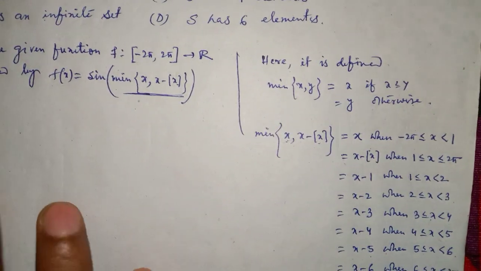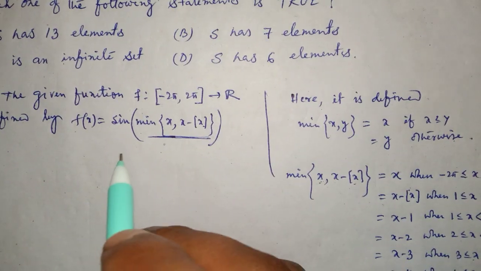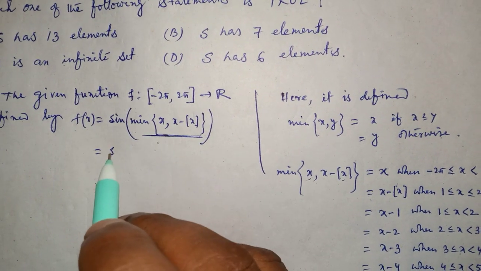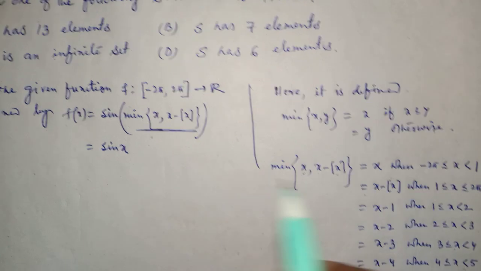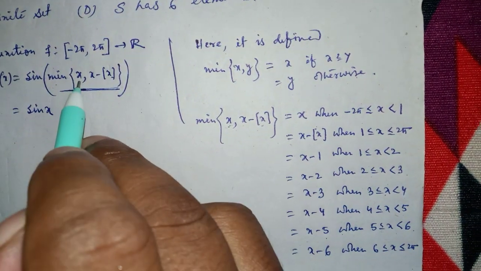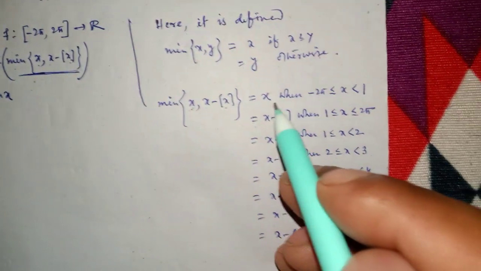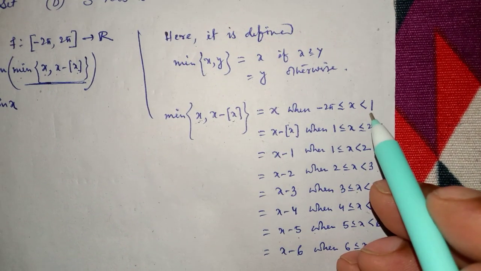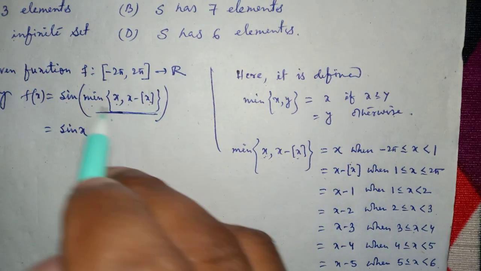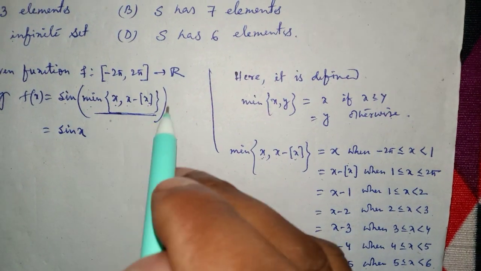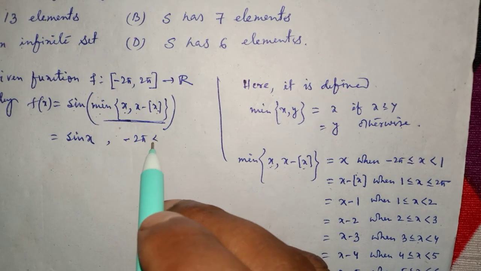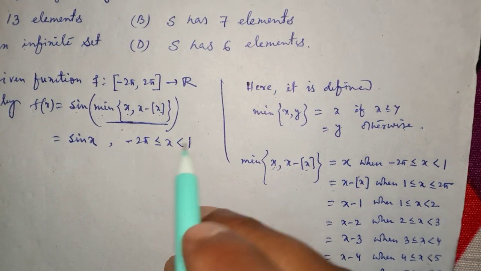Therefore, the given function is f of x equal to sine of this, which is equal to sine x, because minimum of x comma x minus box x means x when minus 2 pi lesser equal to x less than 1. Therefore, sine x when minus 2 pi lesser equal to x less than 1.